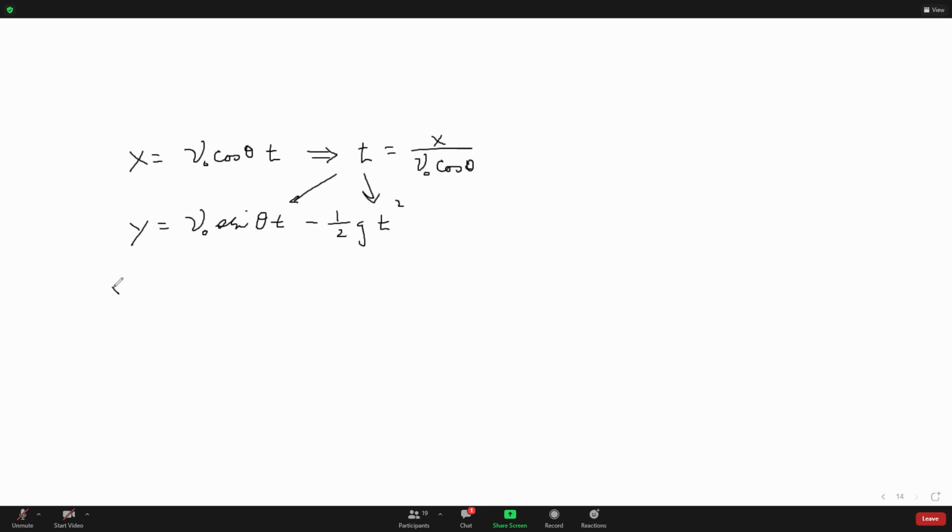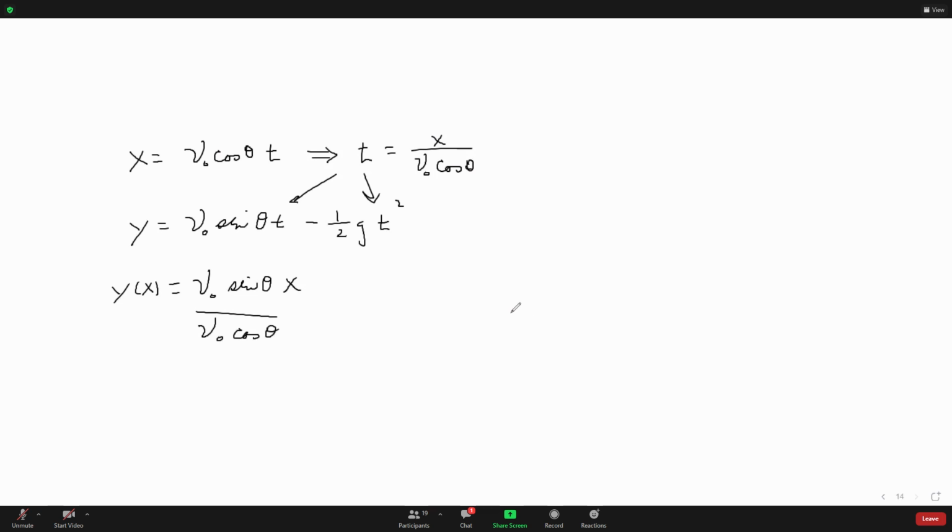So let's do that. y as a function of x is going to equal V0 sine theta times t. Well, t is x divided by V0 cosine theta.